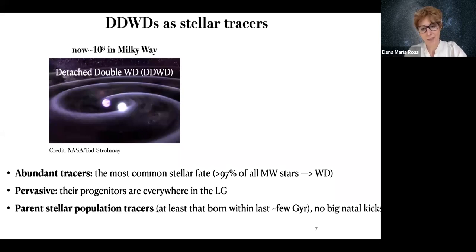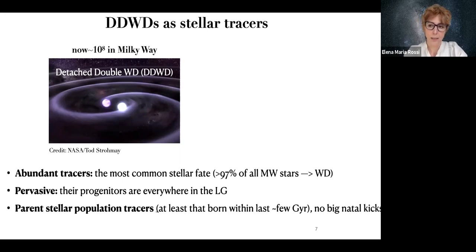More than 97% of all stars in the Milky Way will become white dwarfs. They are pervasive because you can find them everywhere in the local group. And also, we think they do not receive big kicks at birth, and therefore they are born and reside where their parent stellar population were.